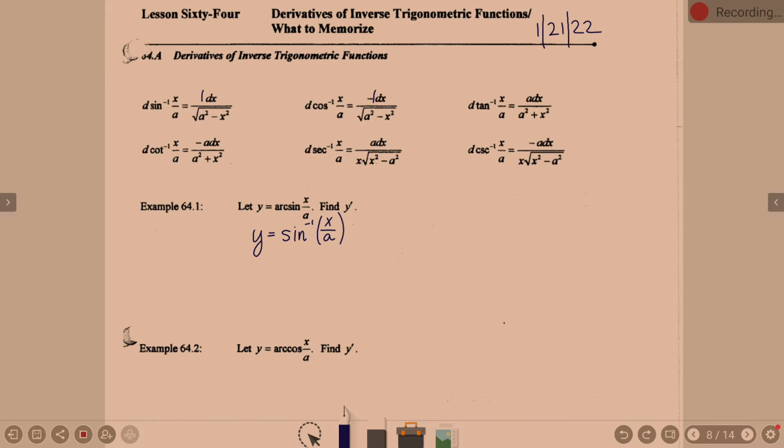The sine of an angle is equal to a number. Sine inverse is saying the sine inverse of this number is equal to an angle. So you're switching those pieces. It's not switching x and y exactly, but it's switching your input and output. So the sine of y is equal to x over a.